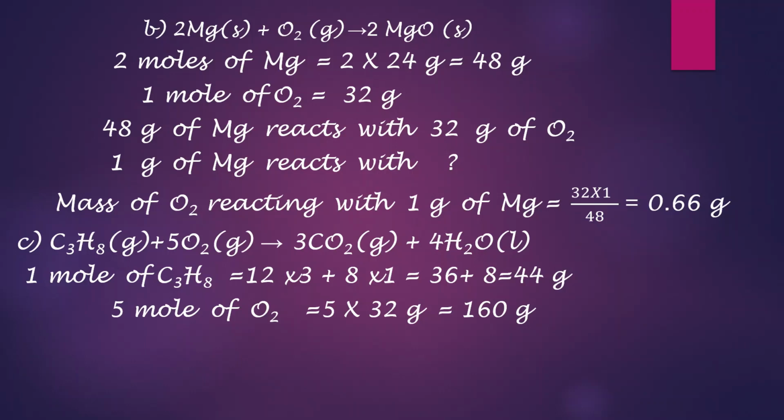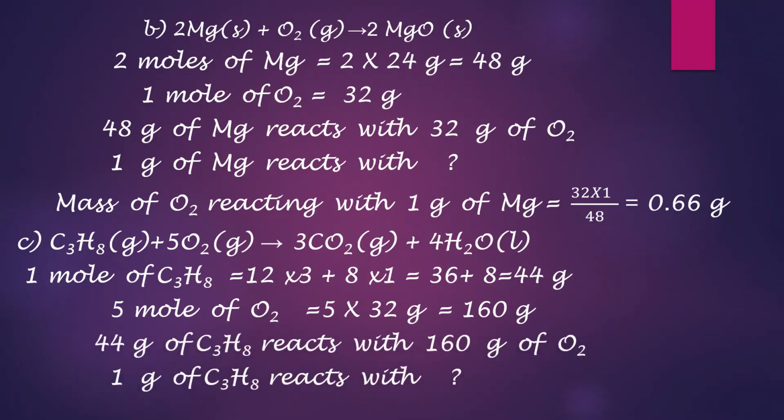Now similarly consider 5 moles of O2. So 5 moles of O2 equal to 5 into 32 gram, because 32 gram is the molar mass of O2. So 5 into 32 gram is equal to 160 gram. So 160 gram is the mass of 5 moles of O2. So in this equation, 1 mole of C3H8 reacts with 5 moles of O2. It means that 44 gram of C3H8 reacts with 160 gram of O2.